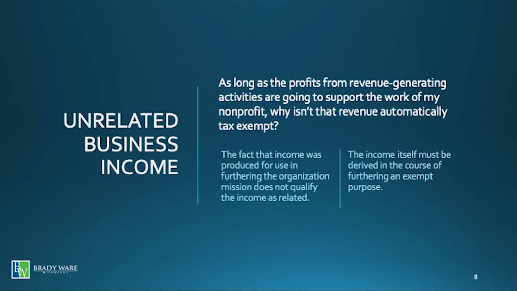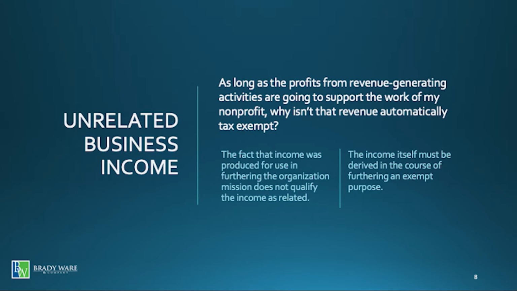So let's now define how the IRS calculates or determines what income is UBIT for a nonprofit organization. A lot of organizations feel that as long as the profits from revenue generated from those activities are going to support the work of my nonprofit, why isn't that revenue automatically tax exempt?